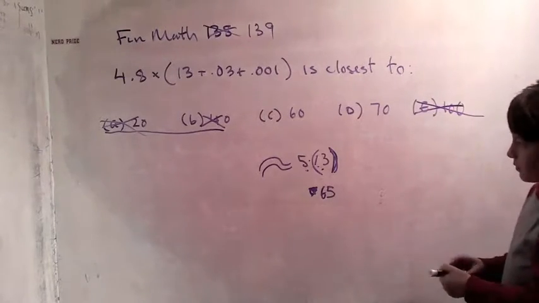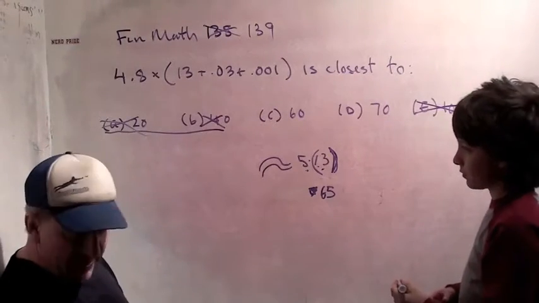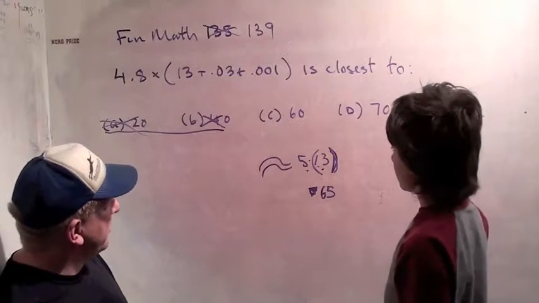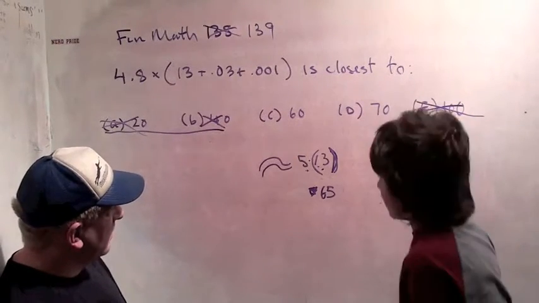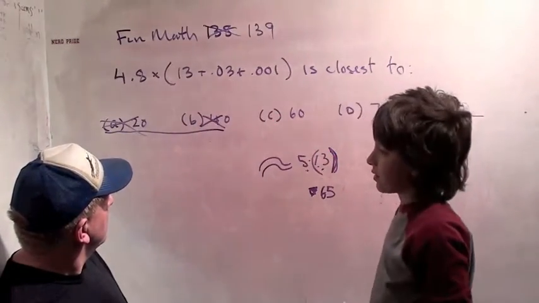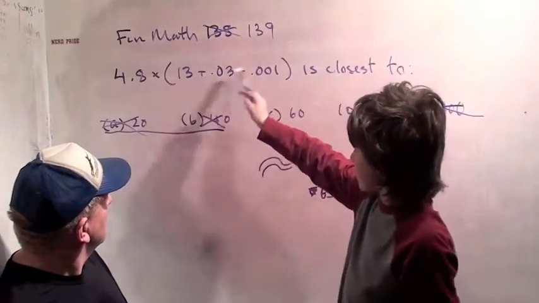Okay, now we can do some more careful approximating. What would you like to do to get a little bit better approximation? Well, we could tack these ones on at the end. We could figure out how much we increase this one by and how much we decrease this one by.